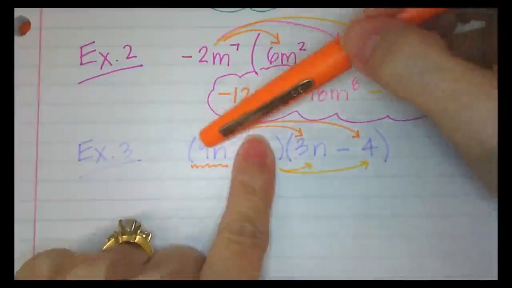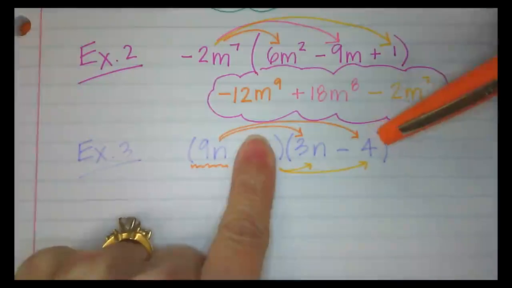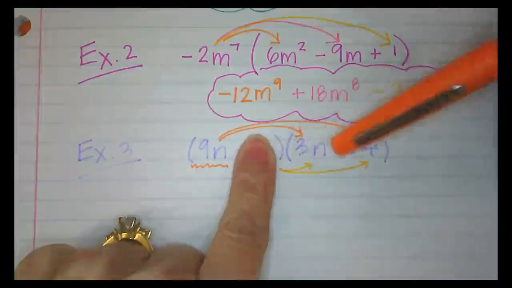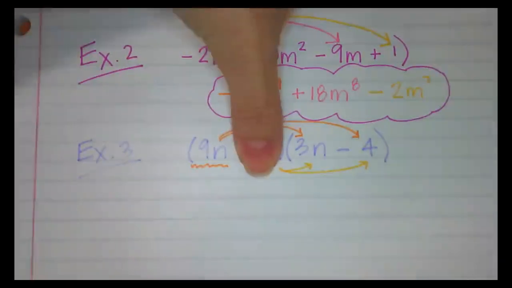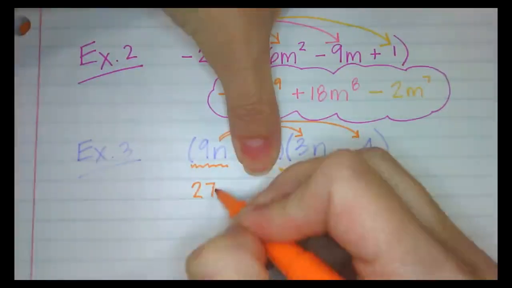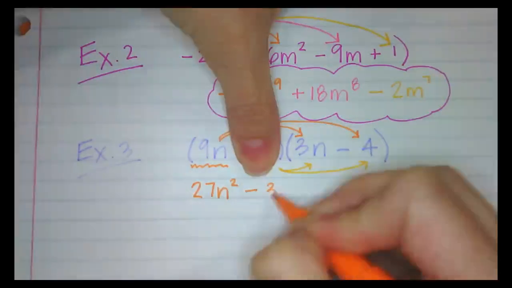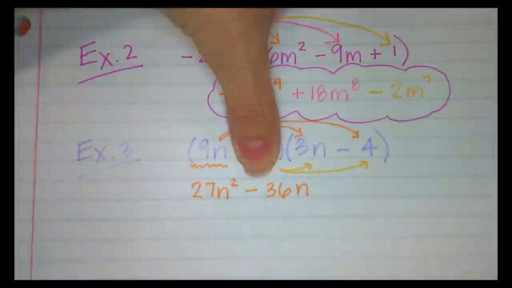I have to multiply 9n to 3n minus 4. And when I multiply 9n to 3n minus 4, I'm going to get 27n squared minus 36n. Okay?